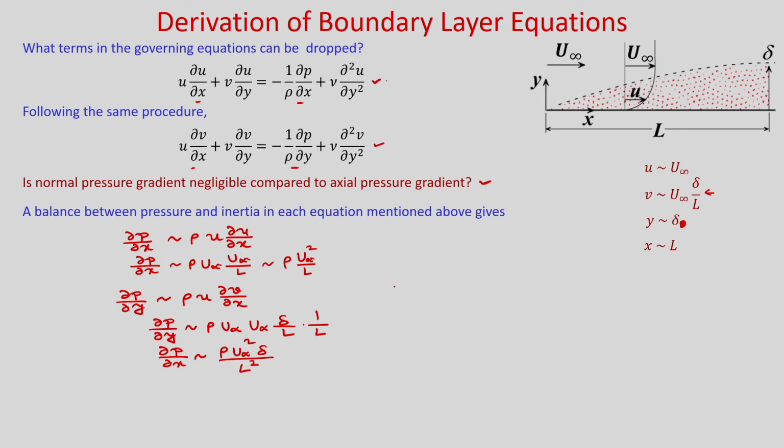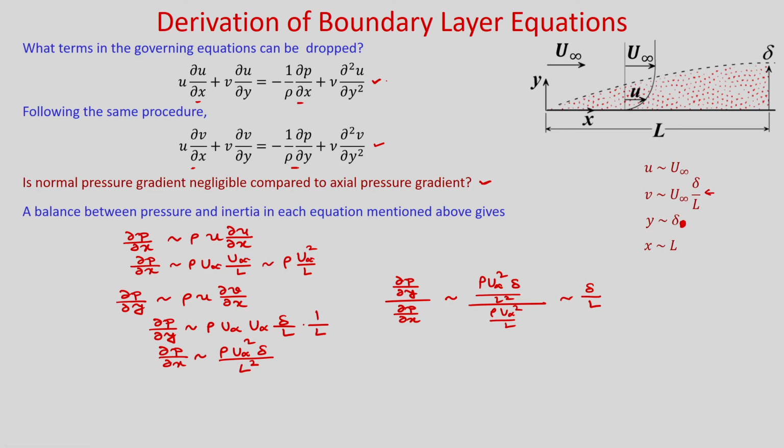Okay. So, now see the ratio del p by del y divided by del p by del x. So, this is the order of rho u infinity squared delta divided by L square, divided by del p by del x, which is rho u infinity squared by L. So, you can see this will be order of delta by L. Okay.